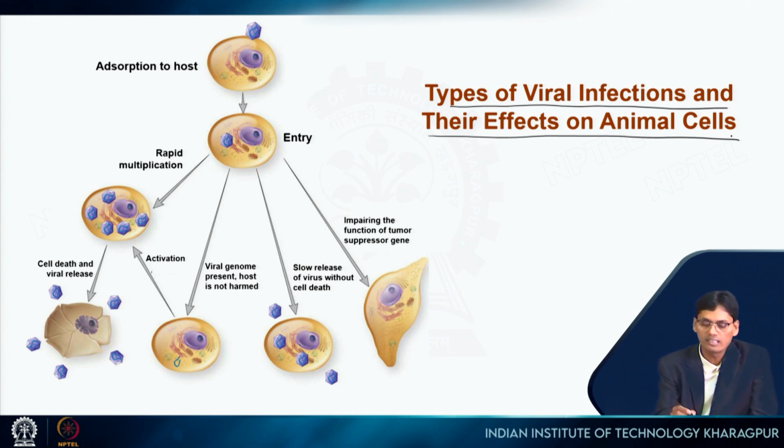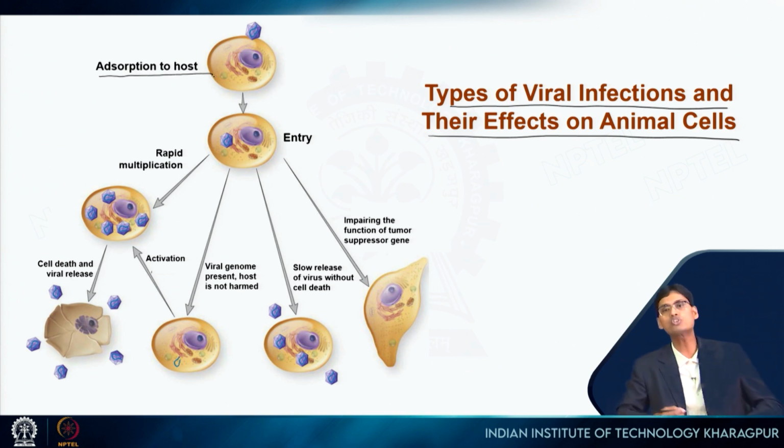But here I would like to present this in a slightly different way. When the virus attaches to the host cell surface, this is also called adsorption to host, followed by entry, and then there could be different possibilities.